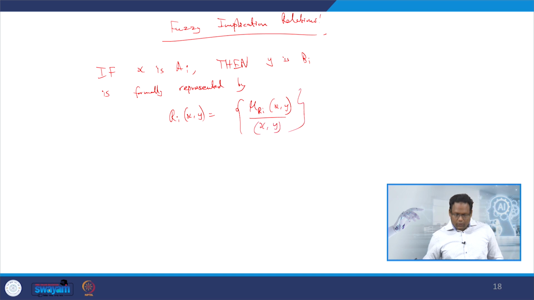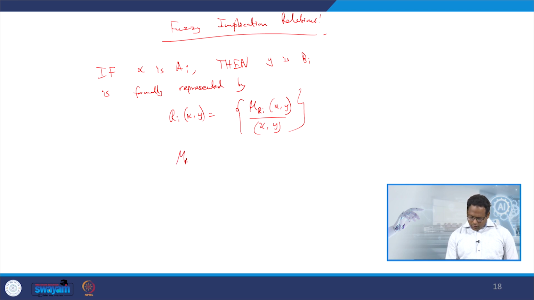Mu Ri, you know, is a membership function value. So, let us consider a rule, if x is Ai, then y is Bi, which is formally represented by Ri of x comma y equal to this.